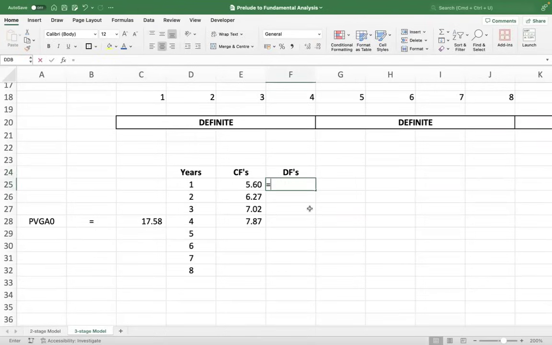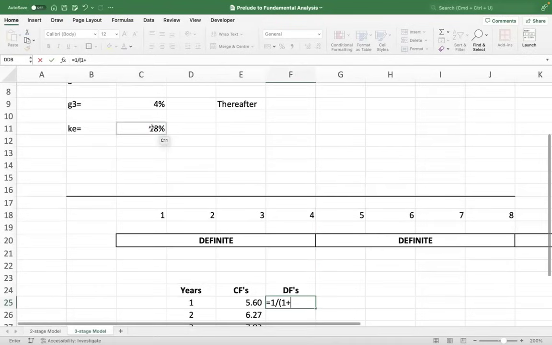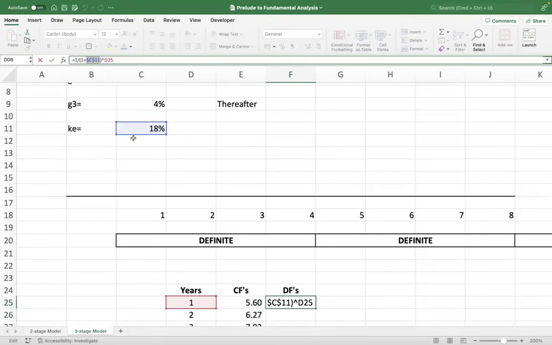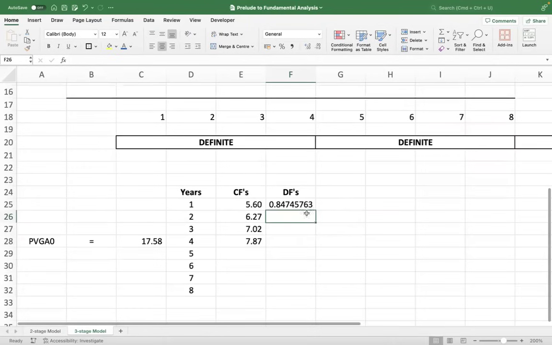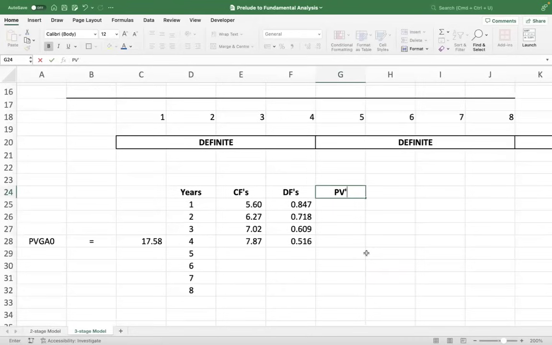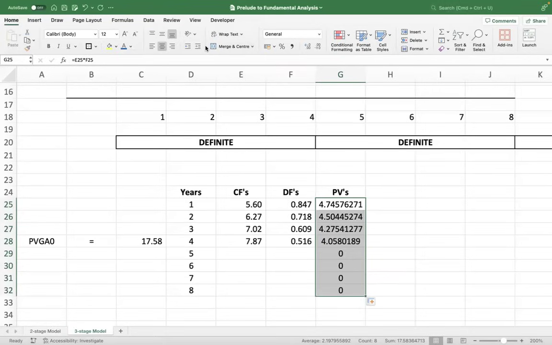Now let's see what happens when you use the tabular approach. So discounting factors is 1 by 1 plus r raised to the power of n. Remember, discounting factors are applied to future values to arrive at the present values. So we will do that, and we will see what is the value that you are getting.